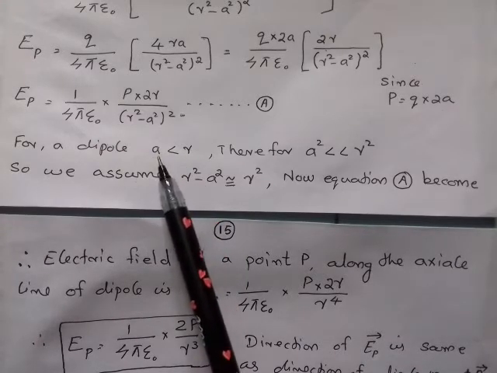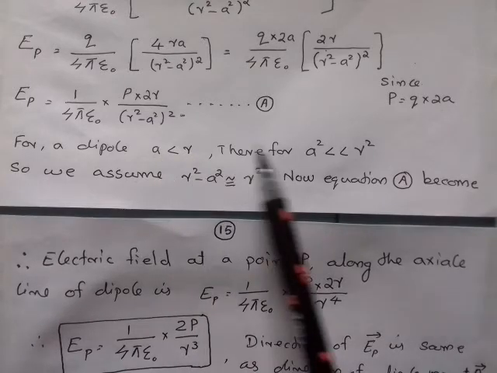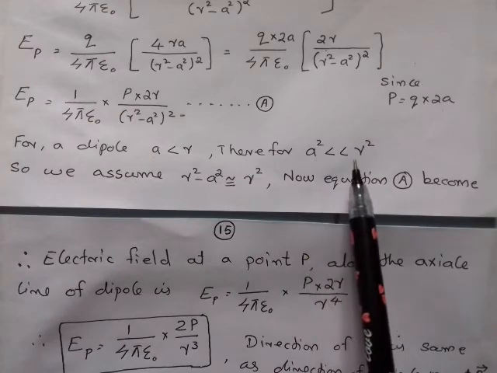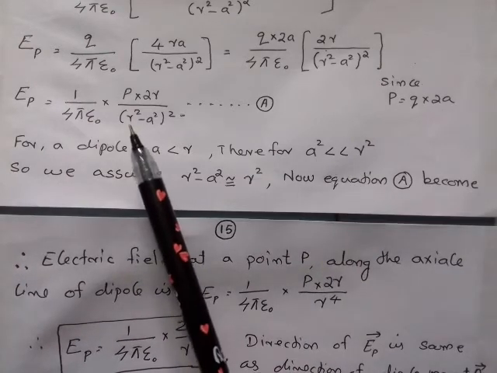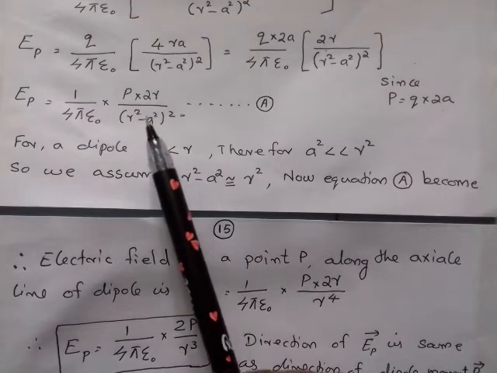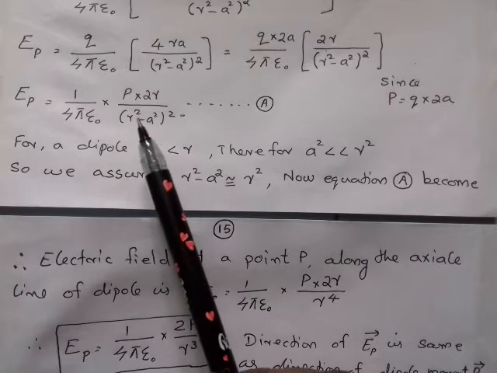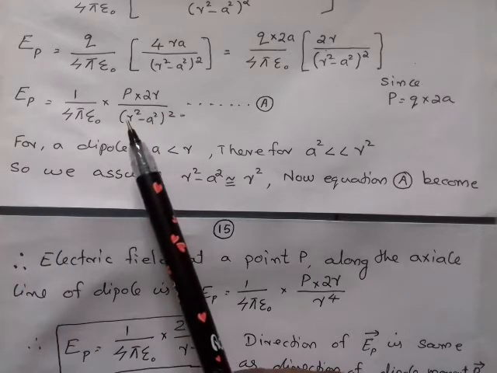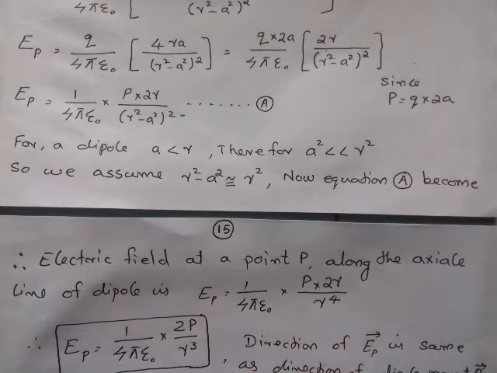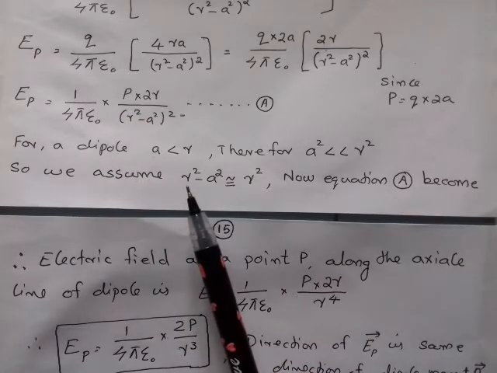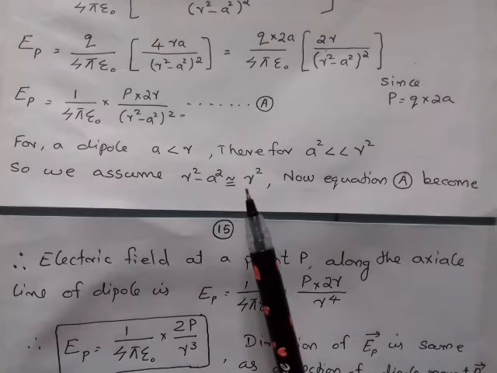Since the dipole is very small, a is less than the distance to the outer point, so a square will be much less than r square. Since this second term, a square, in the subtraction is very small, we neglect that term and take only r square. That's why we write r square minus a square approximately equal to r square itself.